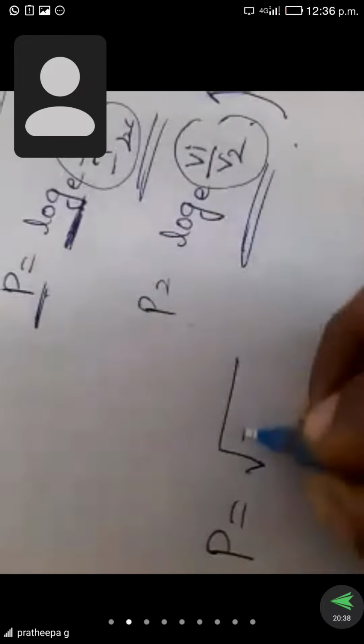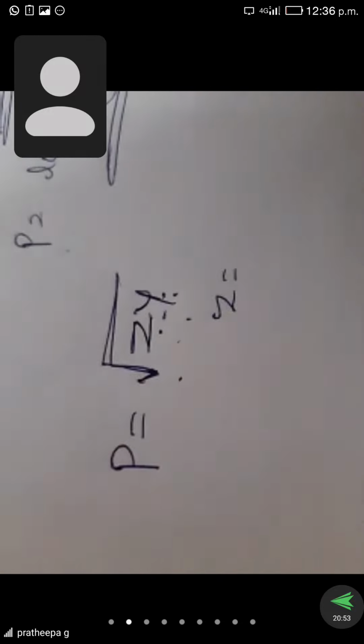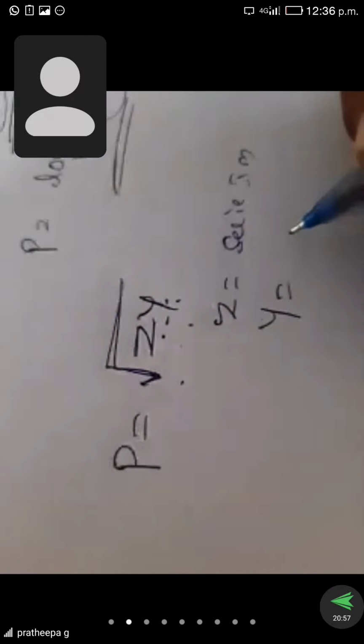And P can also be written in terms of Z and Y: square root of the product of Z and Y. So what is Z? Series impedance. And Y means?